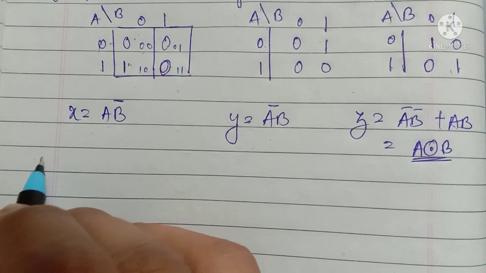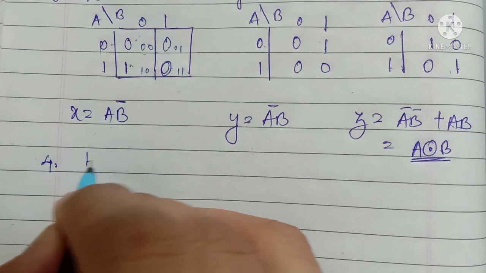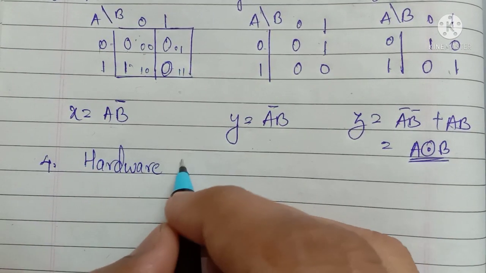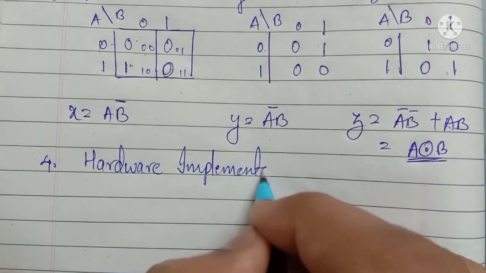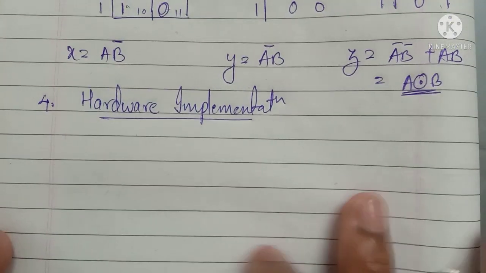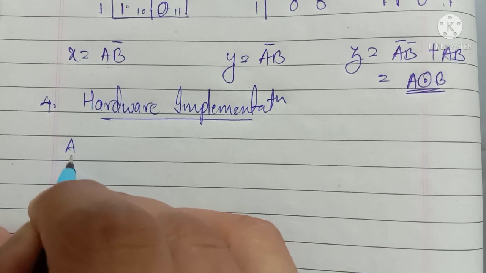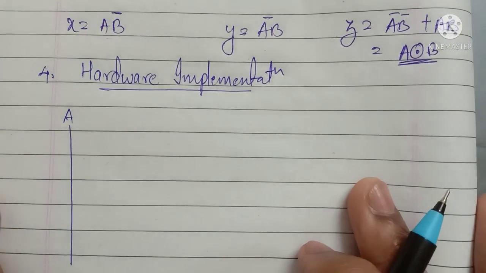Further, we will make the hardware implementation of this, meaning what kind of basic circuits will be required. Suppose A and B are the inputs.